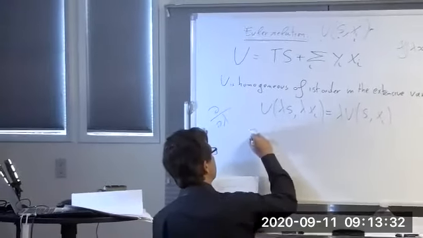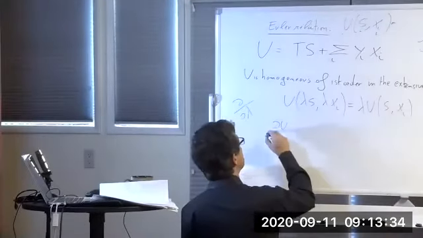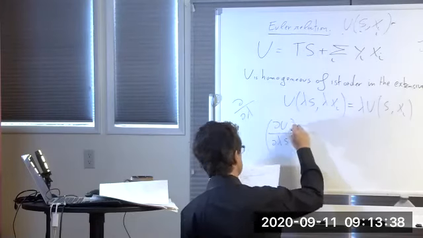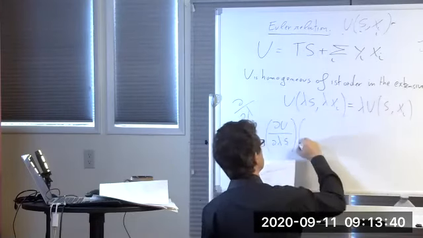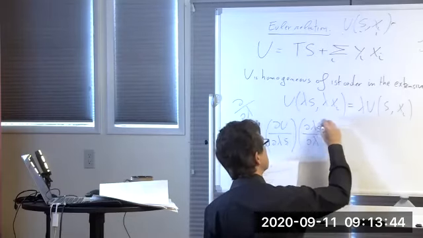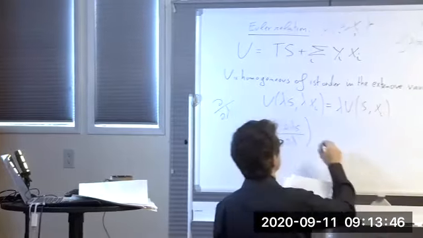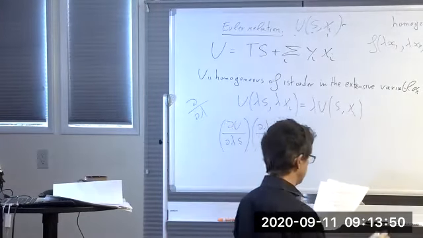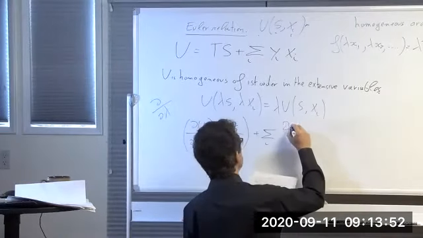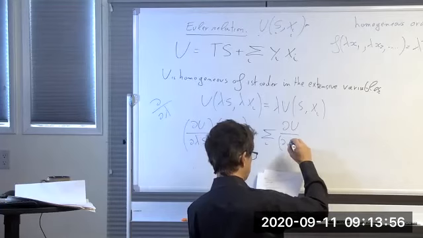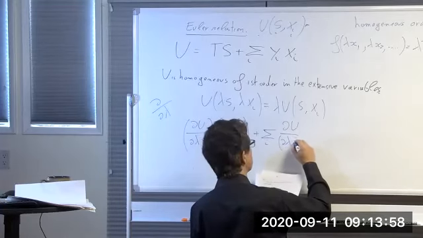So that means I get dU over d(lambda S) times d(lambda S) d lambda, plus the same for all the work terms, plus the sum over i of dU over d(lambda xi) times d(lambda xi) d lambda.